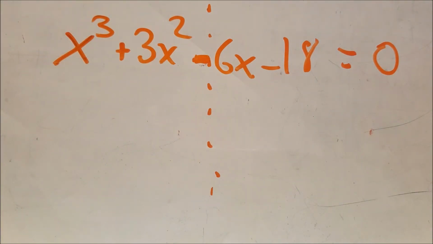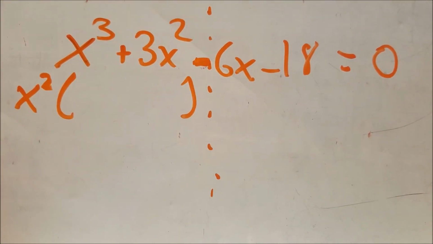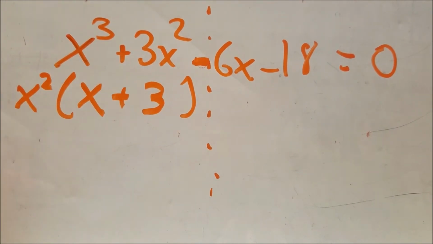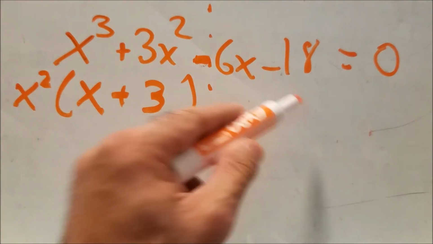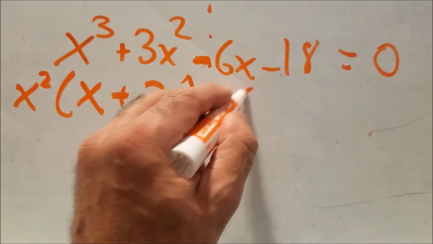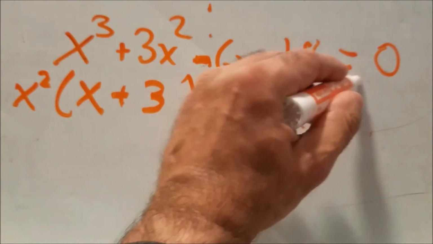And now what we're going to do is we can factor out, let's factor out an x squared over here. And let's see what we get back. Well, we'll get an x plus 3. Now again, remember from the last video, when we did quadratics, we need to get the same term x plus 3 on this side. So I can take out a negative 6 over here, and I'll get an x plus 3 also.